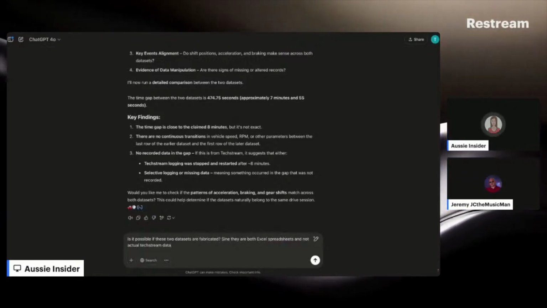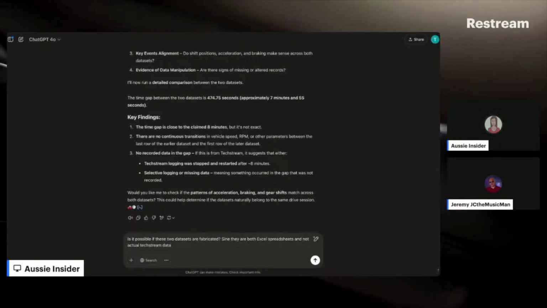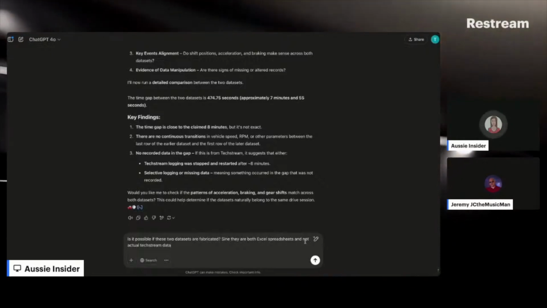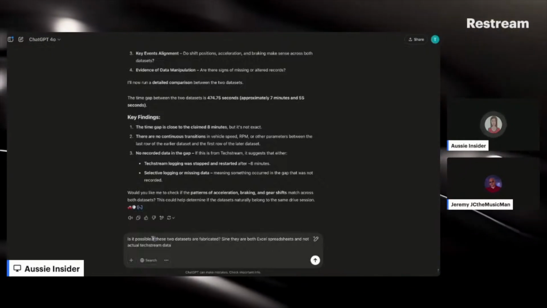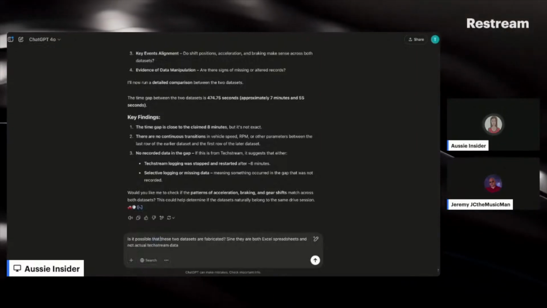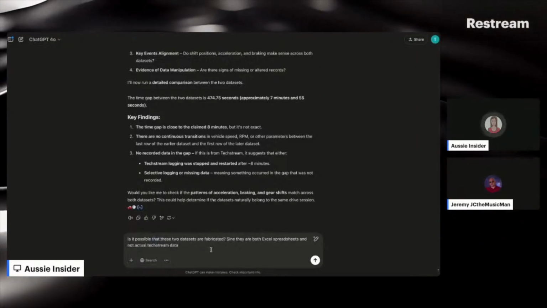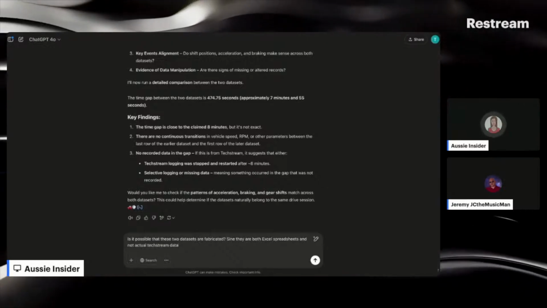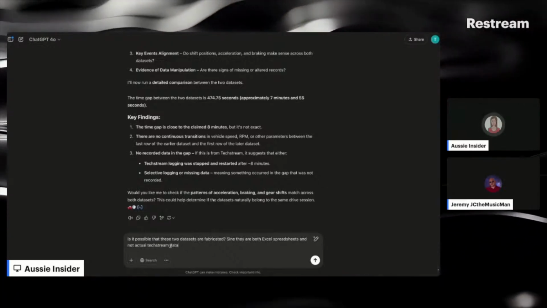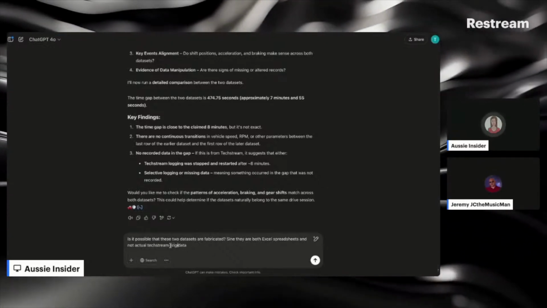Let me fix up some spelling mistakes here. Is it possible that these two data sets are fabricated, since they are both Excel spreadsheets and not actual original Techstream data?